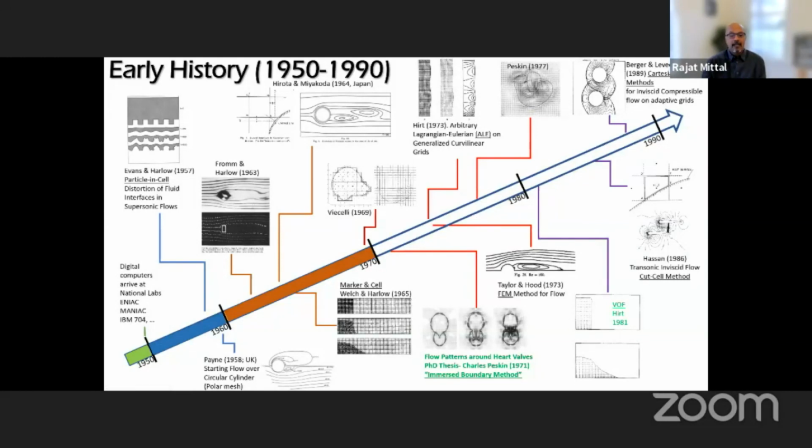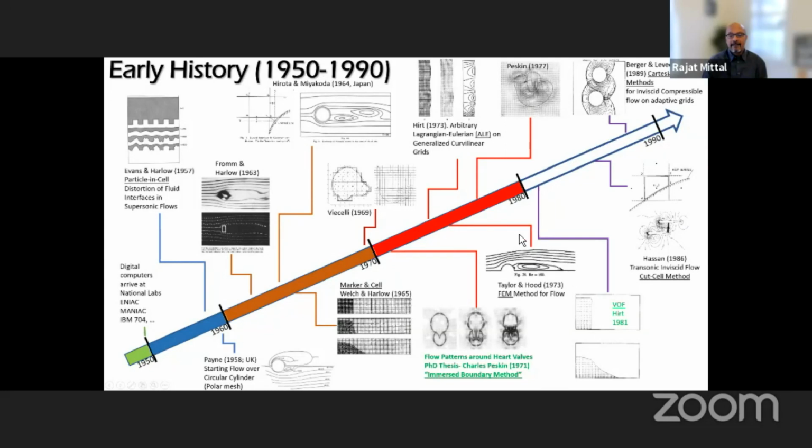And then in the late 1960s, Viecelli from Los Alamos National Labs also presented a Cartesian grid method to solve flows with complex curvilinear boundaries. But the real revolution in immersed boundary methods, what is really considered to be the starting point, was this very amazing PhD thesis by Charles Peskin. He wrote this thesis in 1971, and this is where the basic idea behind immersed boundary methods, what we call diffuse interface immersed boundary methods, was introduced.